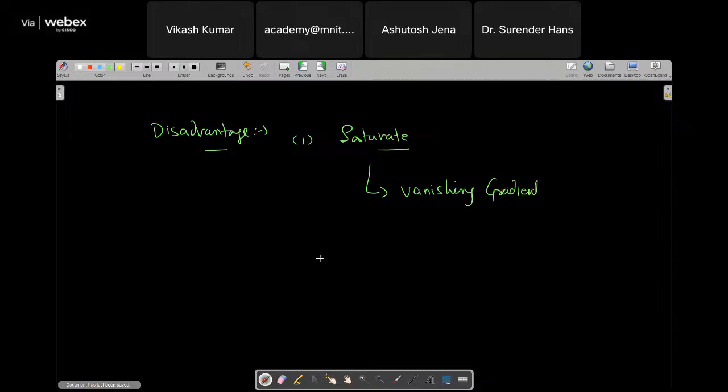The second problem is that it is computationally expensive, but lesser than the sigmoid.